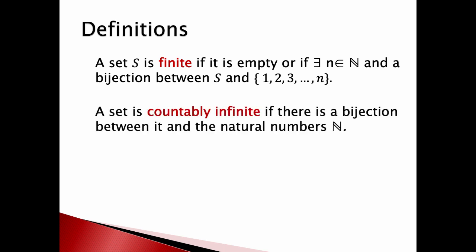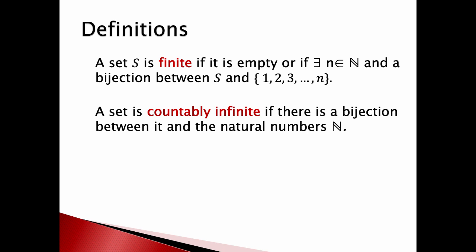Infinite sets get much, much more interesting and much more fun. So a set's countably infinite if there's a bijection between it and the natural numbers. Okay? In other words, imagine you've got a stack of infinitely many post-it notes, one for every natural number. And you just start putting out post-it notes and sticking a post-it note to each element of the set we're trying to count.